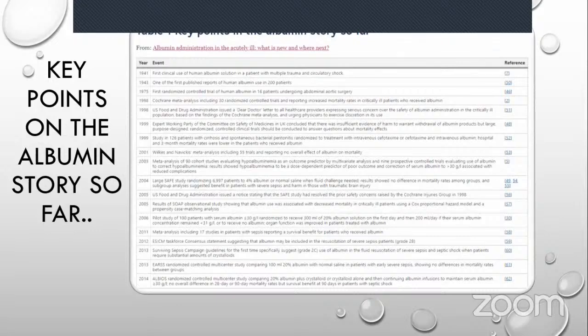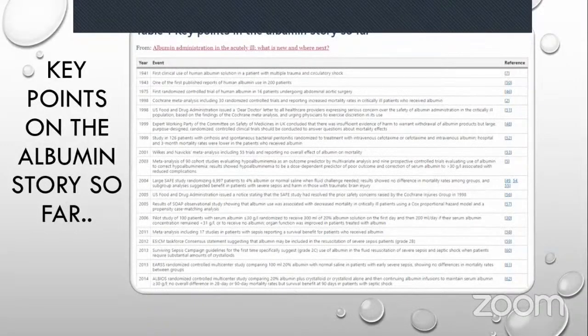However, in 1999 some people set up an expert working party committee review, and they wanted to see, is albumin really this harmful? Between that time and 2001, several studies were done. Eventually, after the one in 2001, there was no effect of albumin on mortality, so albumin's effect on mortality was neutral.